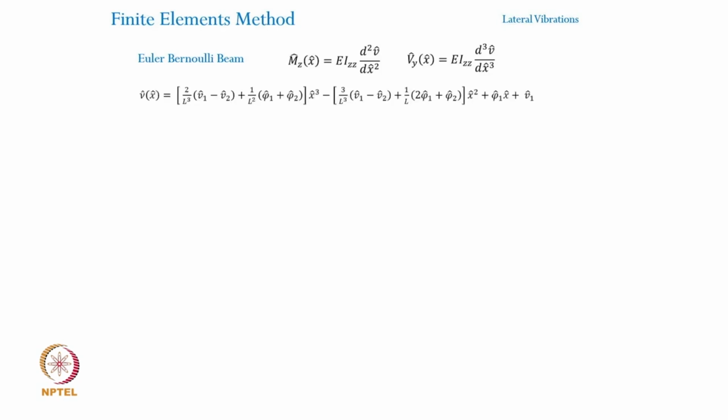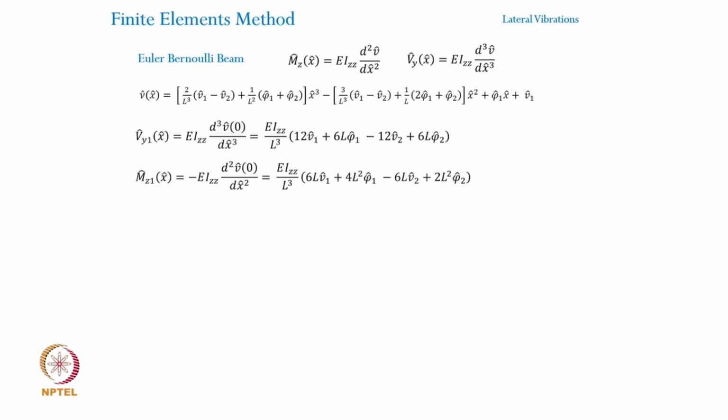We all know that, and so referring back to the equation of the displacement v cap, we can now implement the boundary conditions here. So Vy1 cap is basically the shear force at x cap equal to 0, and for that we can use this equation.